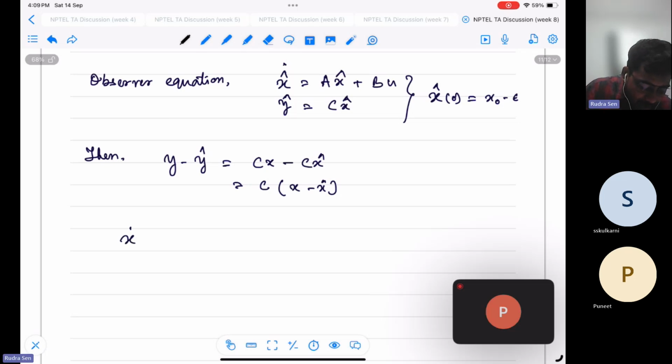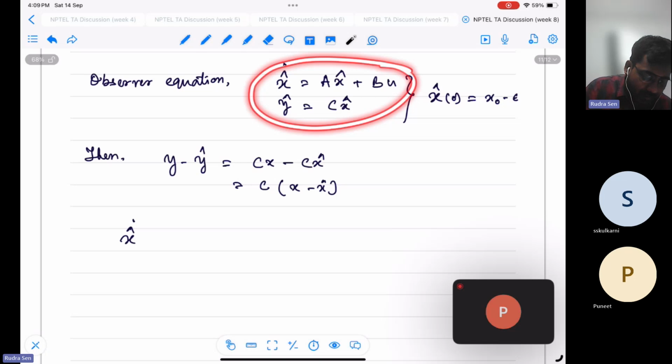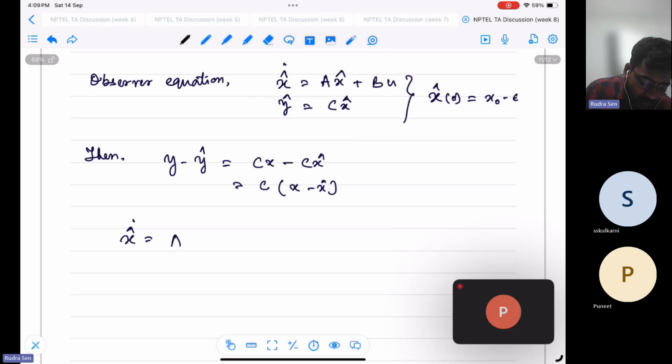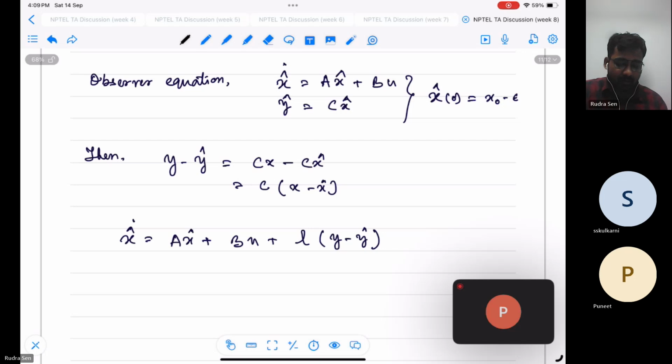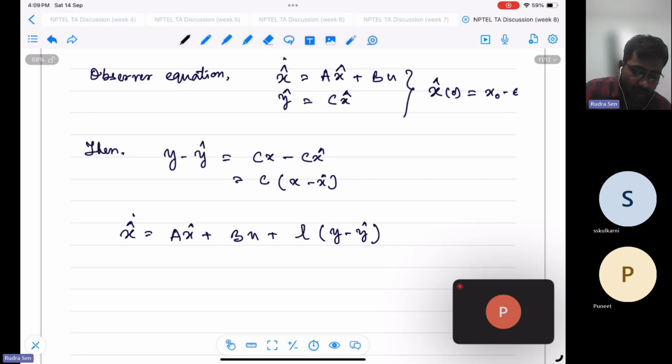Let's say we change this state equation to this format: A x hat plus Bu plus some gain L times y minus y hat. So our objective should be that y minus y hat is 0. This should be our objective, right? And y hat equals C x hat.